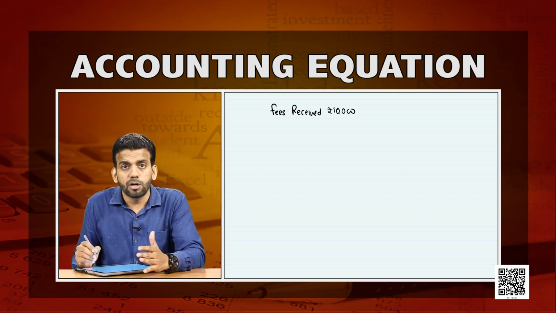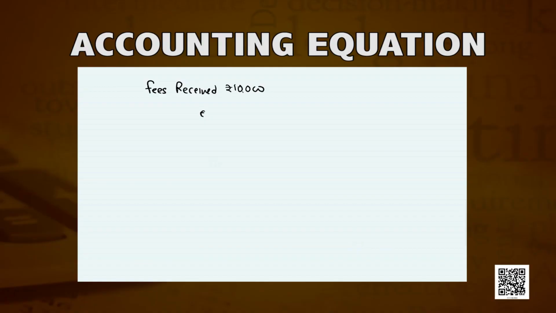I am not mentioning anything for which month, for which year. When the question is silent about all these things, that means the fees which I have received has fallen due and I have received it. So I will write cash has come, so cash account is debited because cash has come, and the second account is fees.